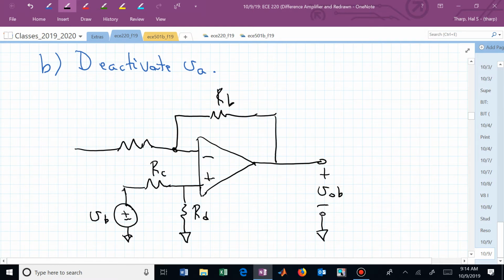We're keeping our negative feedback through R sub B. R sub A now is connected to our common because we're now deactivating V sub A.